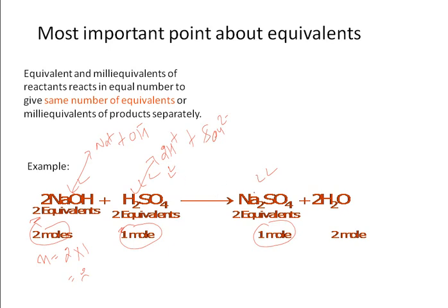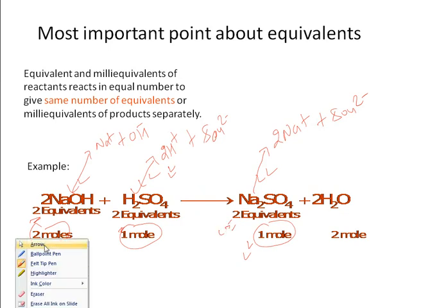Similarly, in case of Na2SO4, it is also present in 1 mole but there are 2 equivalents, the reason being that Na2 breaks in the form of twice Na plus and SO4 2 minus. So we see that 2 equivalents of acid and 2 equivalents of base give 2 equivalents of salt.